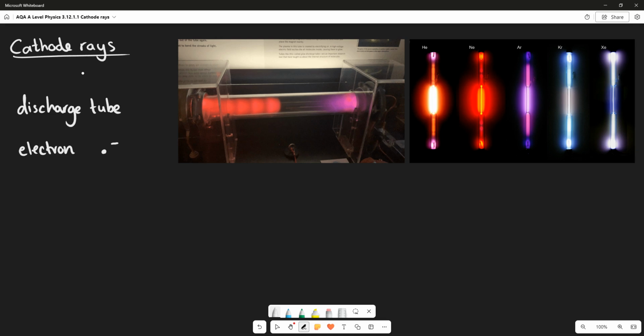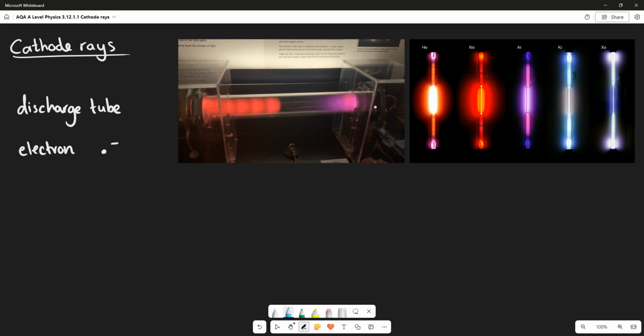It is not a wave or a ray. But at the time when this piece of equipment was being analysed, it was not known. We didn't know whether it was waves, rays, or particles that were interacting with the gas inside this tube.